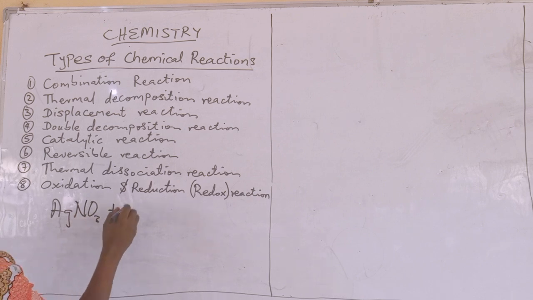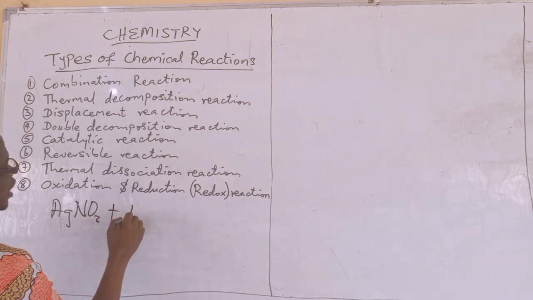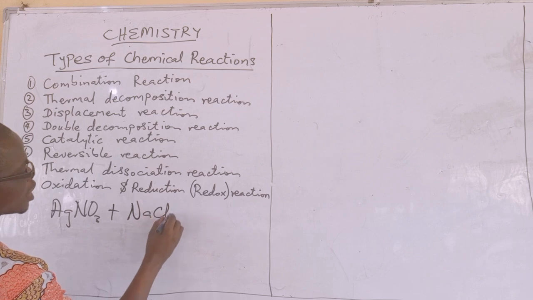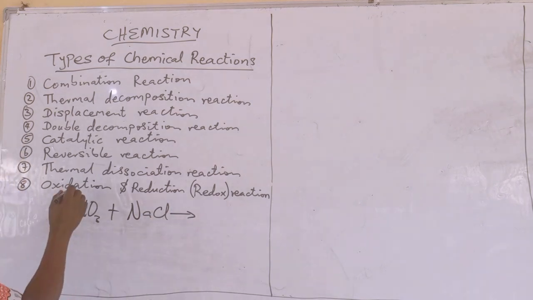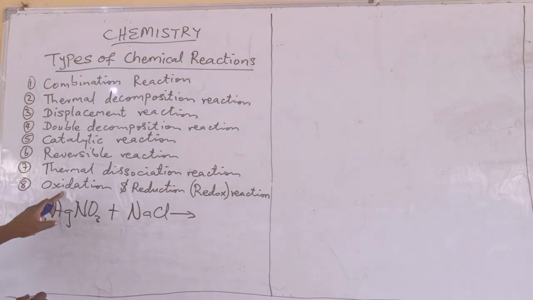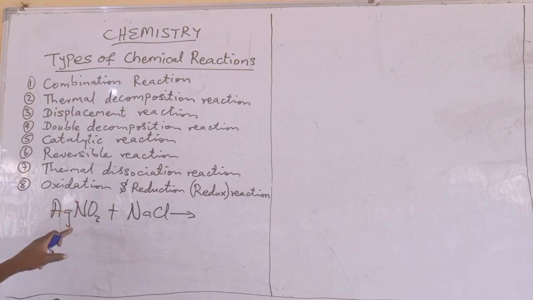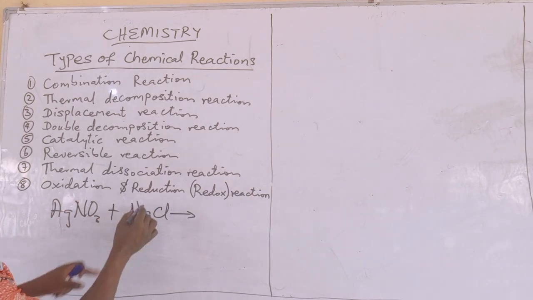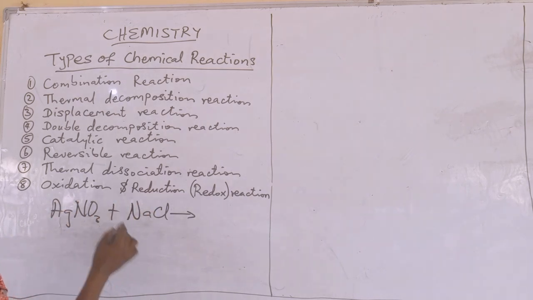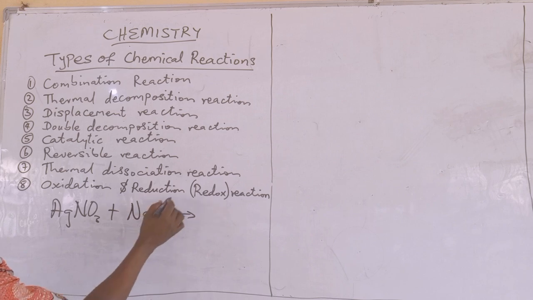For example, if I say AgNO3 plus NaCl. If you break this into two, this is positive, the whole of this is negative. Break this into two, Na is positive, Cl is negative.